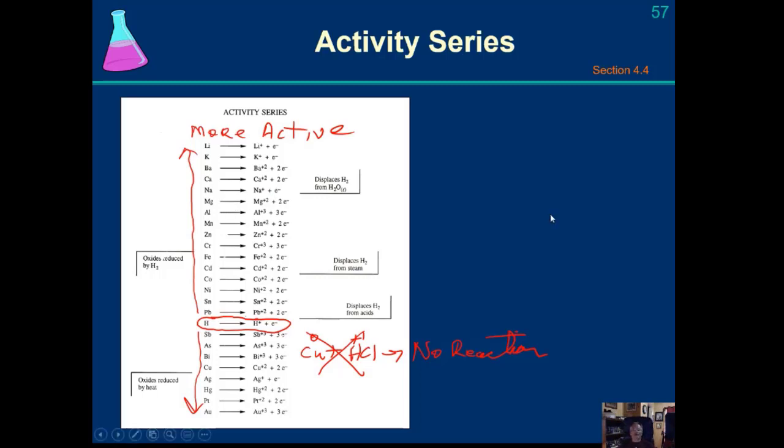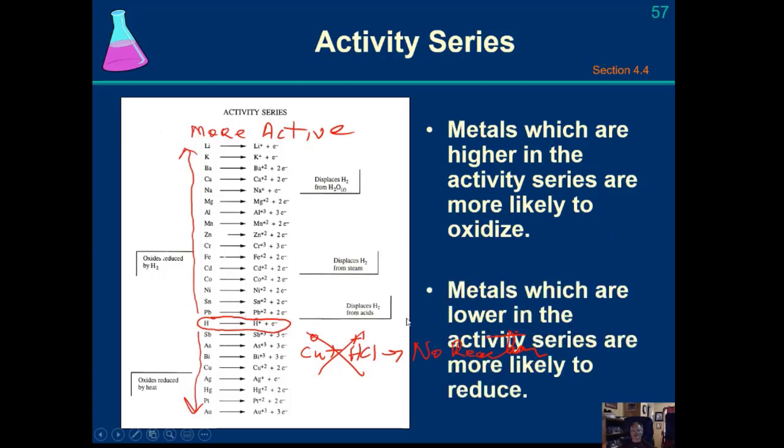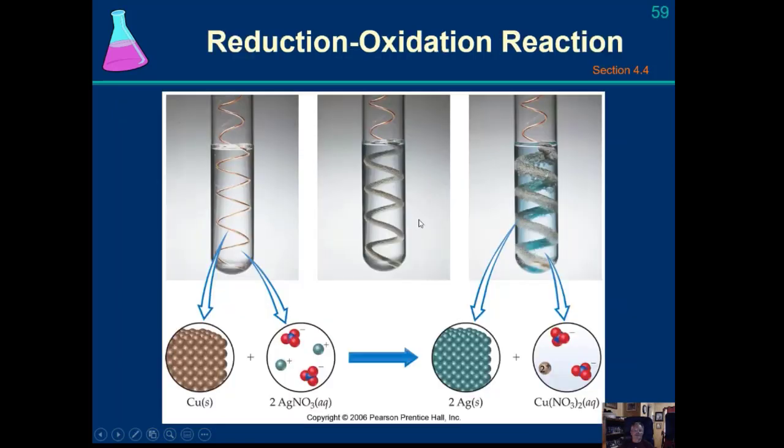Okay, so metals which are higher on the activity series are more likely to oxidize. Metals which are lower on the activity series are more likely to be reduced, and we're specifically talking about their cations being reduced. So reduction-oxidation, here's copper and silver nitrate.